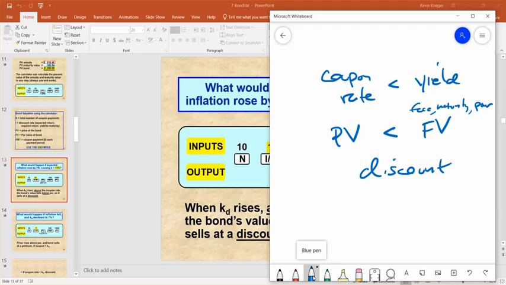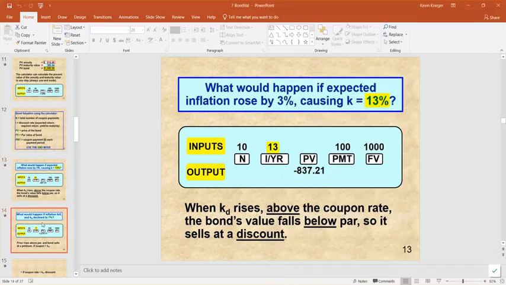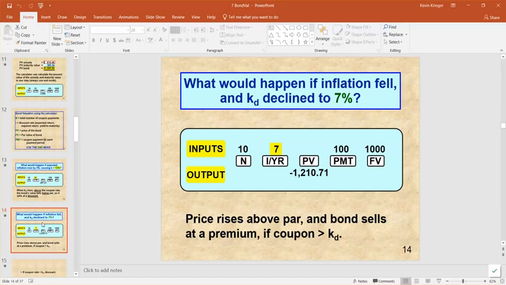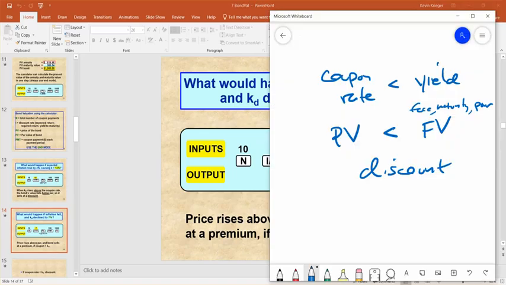Now, it doesn't really affect you so much as an issuer, because in your case, you've already borrowed the money. But for the lender, this is a bad thing. For the lender, this is a problem. The value of their bonds went down. It works in reverse too. What happens if our yields change? Remember, your coupon rates can't change, but your yields can.